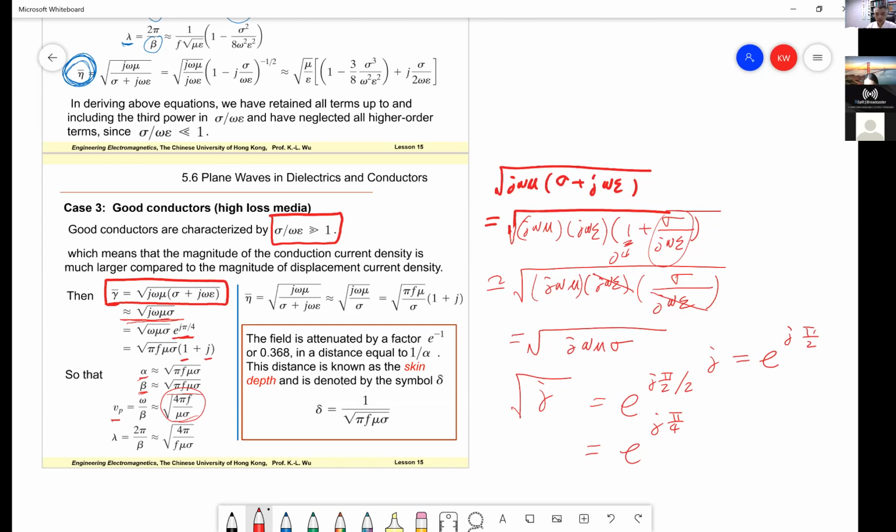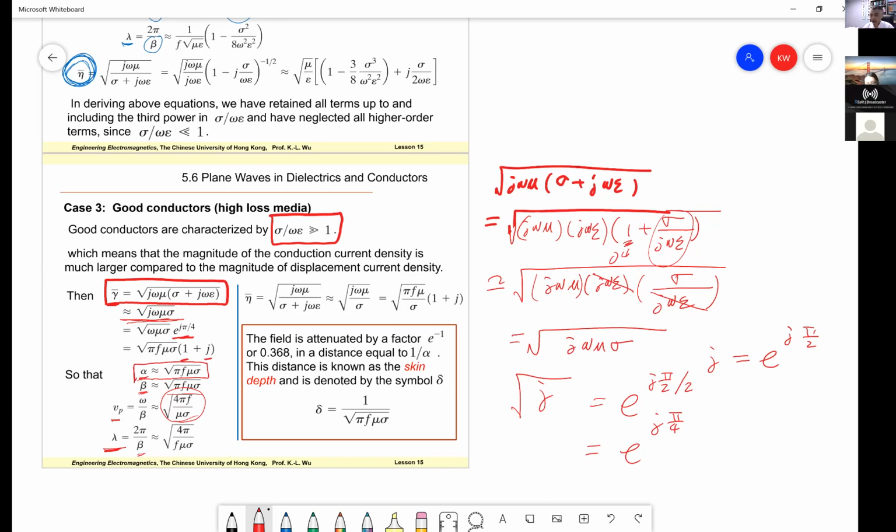And if you have beta, then we can define a wavelength. But this number really doesn't make too much sense, because this attenuation factor alpha is too high. This attenuation factor is too high.